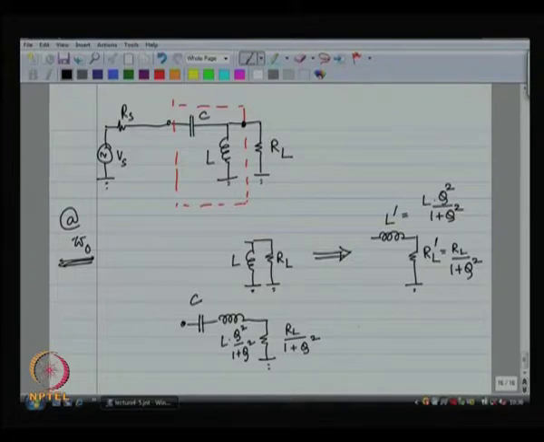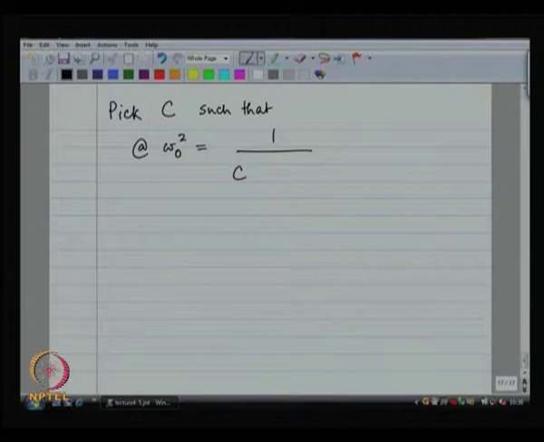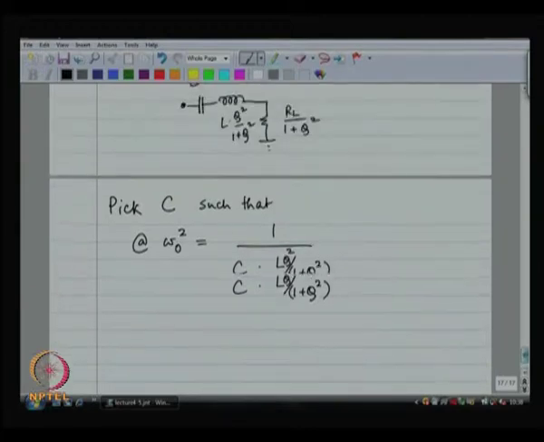So, pick C such that at omega naught this is the relationship.